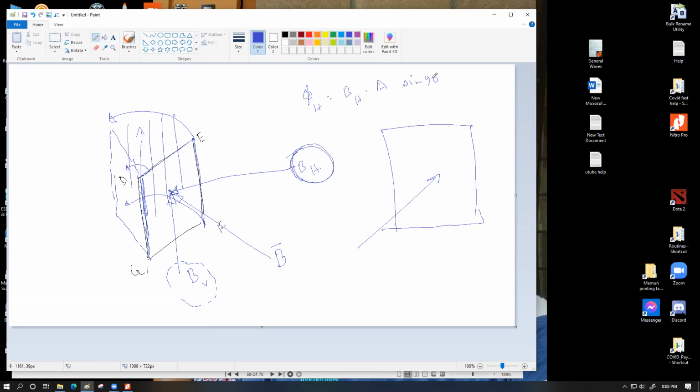So you have the maximum flux linkage. When the aluminum window turns by 90 degrees, this sine 90 will change to sine 0. So technically speaking, the flux linkage will change from maximum to 0 as the window rotates through 90 degrees.